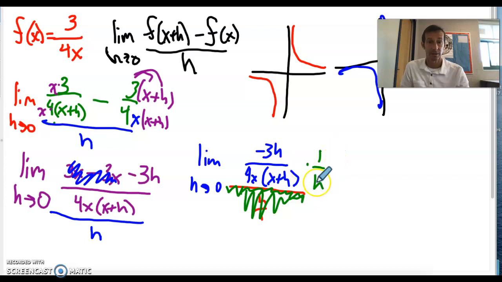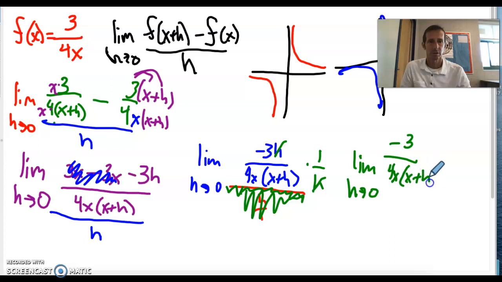Notice that h is still in the denominator and I cannot put a 0 in there, but here's an h right here, so those h's cancel. Now I'm sitting with the limit as h approaches 0, and I've got a negative 3 up top and 4x times x plus h, and I don't see anything else I can do. So this is where I take the limiting process and put a 0 right there.